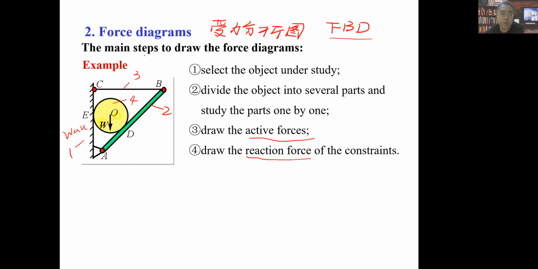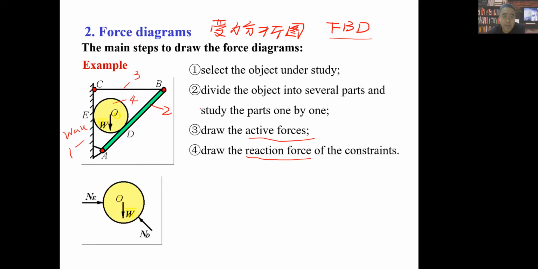Then we should do the force analysis. If the whole system is in equilibrium, then any object we select from this whole system will also be in equilibrium. So let's see. First, we will select the ball as the object to be studied.